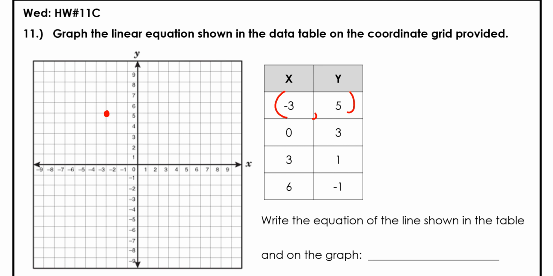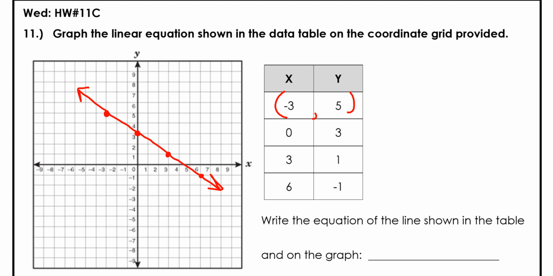There's a point. 0, 3. 3, 1. 6, -1. And you'll notice all of my points are nicely aligned to create this linear function. So let me use a ruler here and connect these points. Very good.